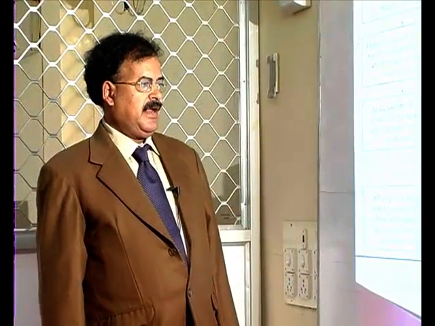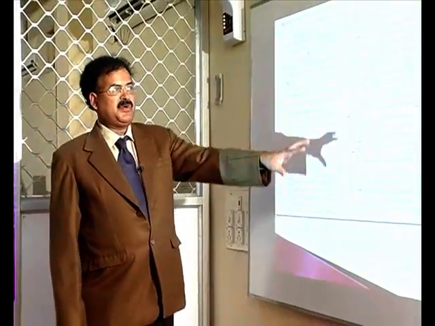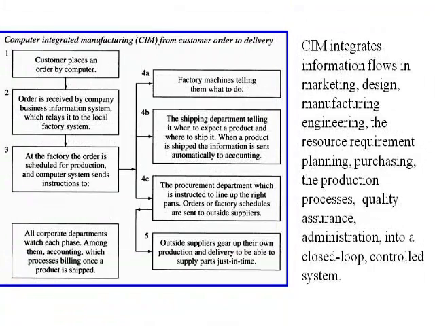You tell the supplier to supply those components to you. Based on this information, all these things are alerted simultaneously, and as a result you will be able to produce the part and ship it to the customer at the right time.